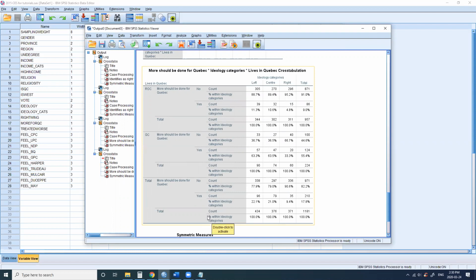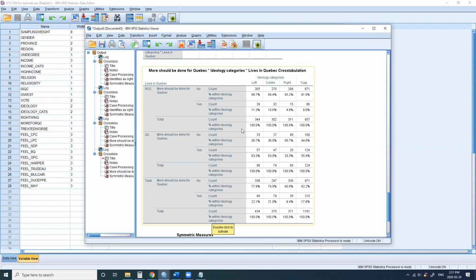And what happens here? So among those who live in the rest of Canada, 11.3% believe we should do more for Quebec versus only 4.8% of those who identify on the right. So that's a gap of 6.5 percentage points. Among those who live in Quebec, 66.3% of those on the left believe we should do more for Quebec versus only 33% of those on the right.